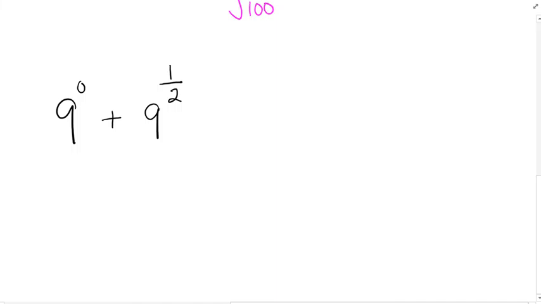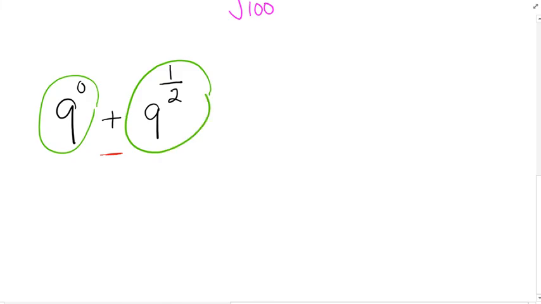Now, please remember that there is no law of indices for when we're adding. So we're going to have to tackle these two components separately. 9 to the power of 0, hopefully you remember that any number to the power of 0 is, you guessed it, 1.